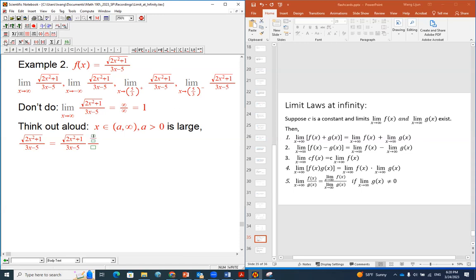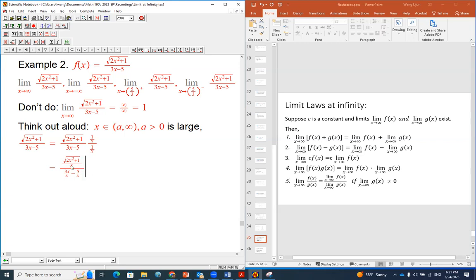You can choose to multiply by 1 over x on top and 1 over x on the bottom. This is equivalent to dividing every term on top and bottom by x. So this piece comes down, and this piece is divided by x, and that piece is divided by x, and this whole piece is divided by x.